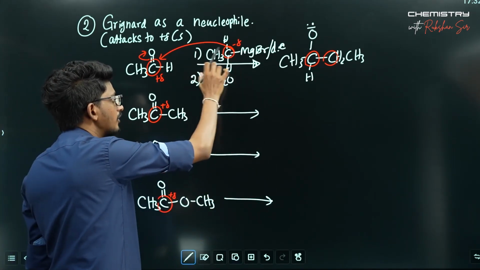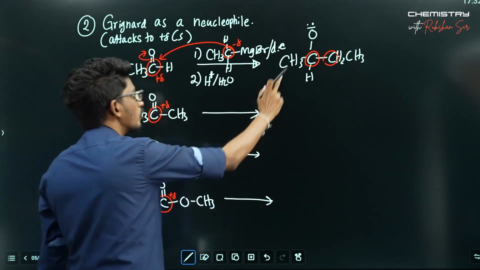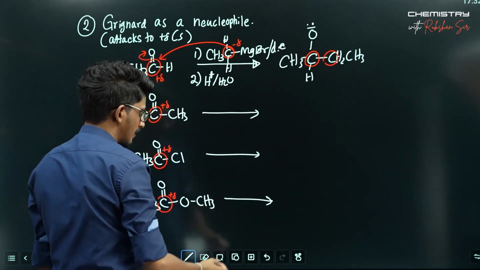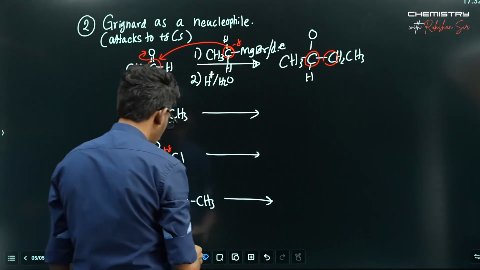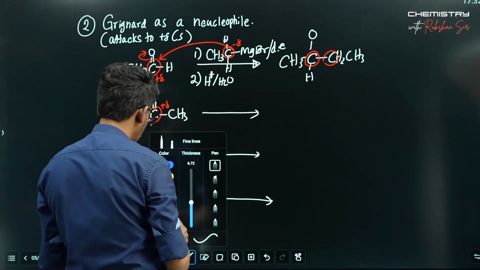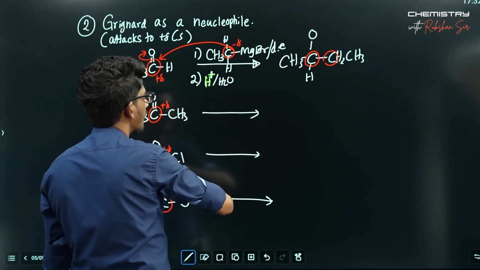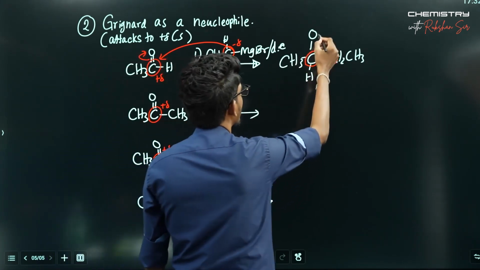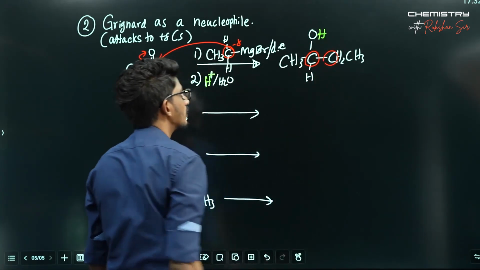With the addition of the Grignard, you will produce the alkoxide. When the acidic water is added, this O minus will grab this H plus. Ultimately, it will produce the OH, the alcohol.